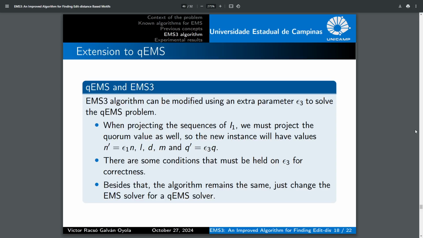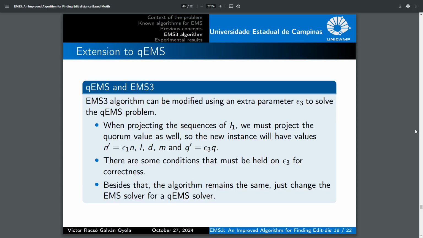An extension to QEMS: the QEMS problem can be solved with EMS3, but we must add an extra parameter epsilon 3 to solve it, because since we are reducing the number of sequences for I1 and I2, then we must consider that for I1 the value of Q must be reduced. In the case of C2, it doesn't really matter so far because it isn't in a compressed way, so we cannot guarantee some things on that.